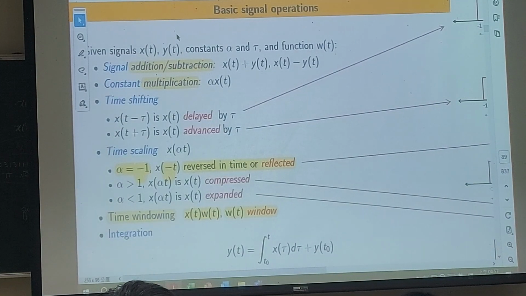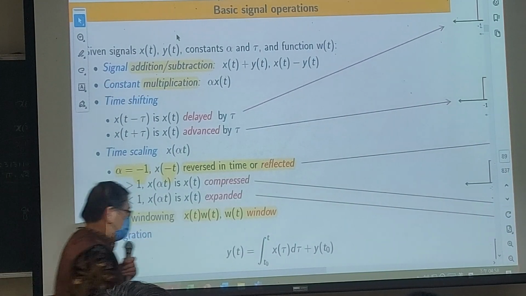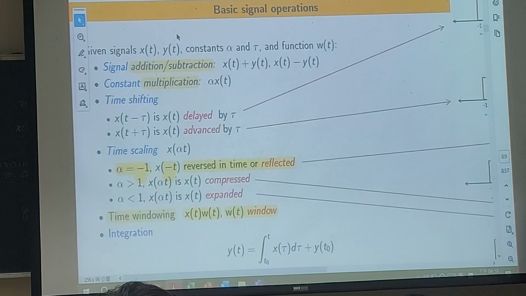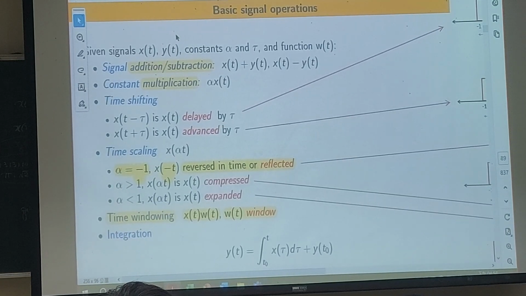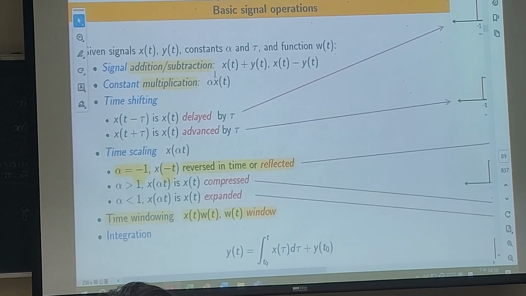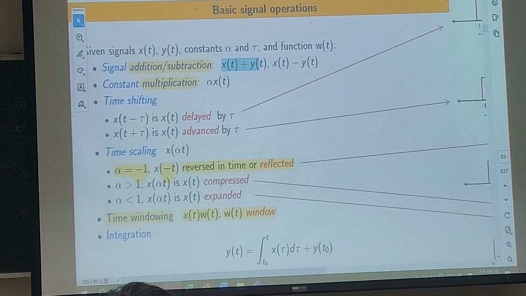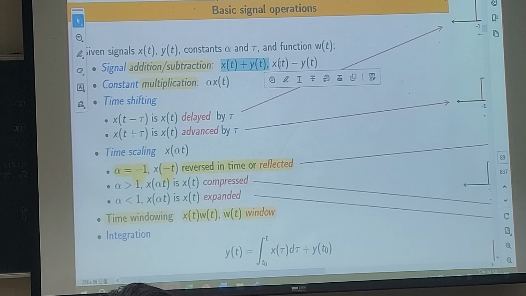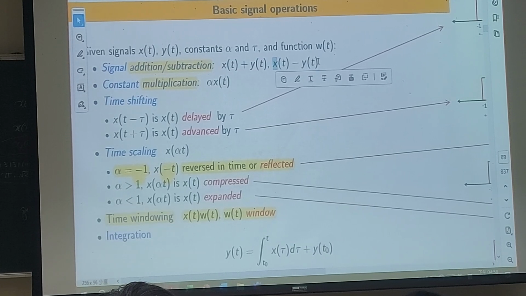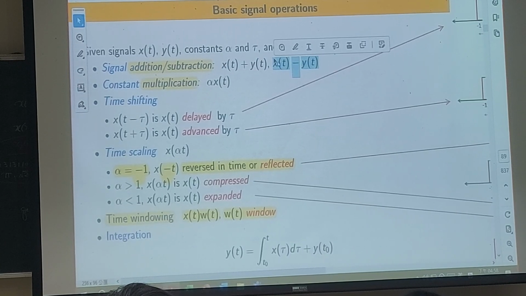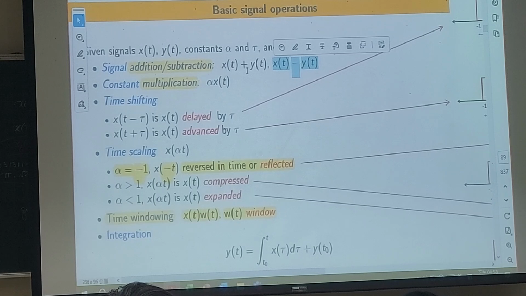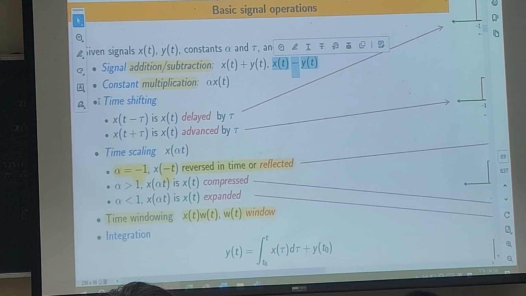If we want to add them up, we perform x of t plus y of t, or x of t minus y of t. I think that's easy. So let's skip this and move to time shifting. This is much more interesting.